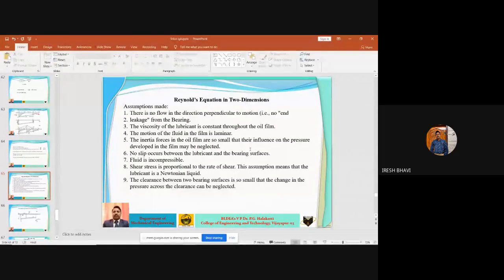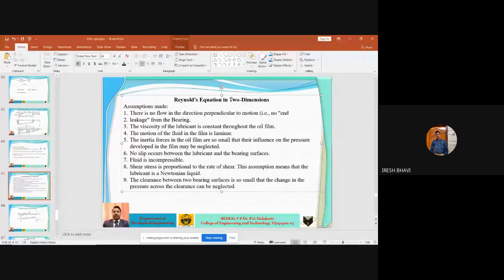In 1866, O. Reynolds first obtained a differential equation giving the relationship between the pressure gradient, that is dP by dx, the viscosity of the lubricant, that is mu, and the form of an oil film, that is the shape of an oil film. There are certain assumptions made in deriving the Reynolds equation.